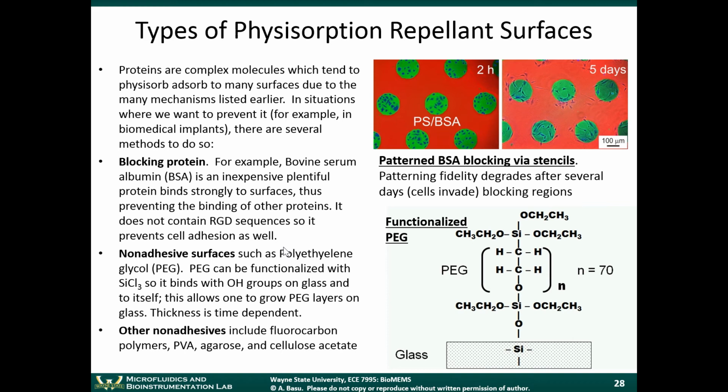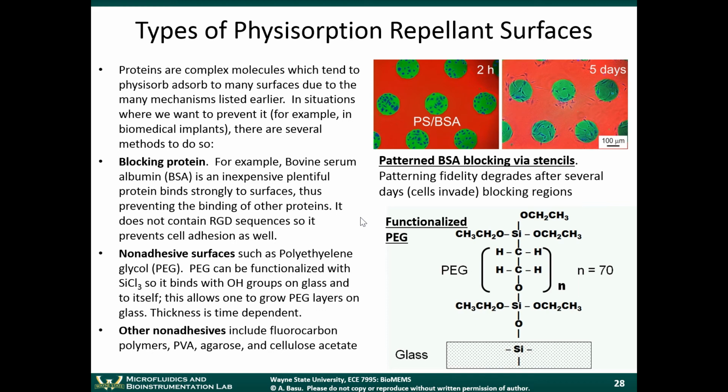Bovine serum albumin will prevent the attachment of other proteins and cells. If you have a layer of BSA there, then other proteins and cells will tend not to attach there. Proteins are complex molecules. They physisorb to surfaces. They can also chemisorb to surfaces. We've talked about different ways that we can enhance the attachment of proteins to surfaces. There are ways to block them too. BSA is one example.